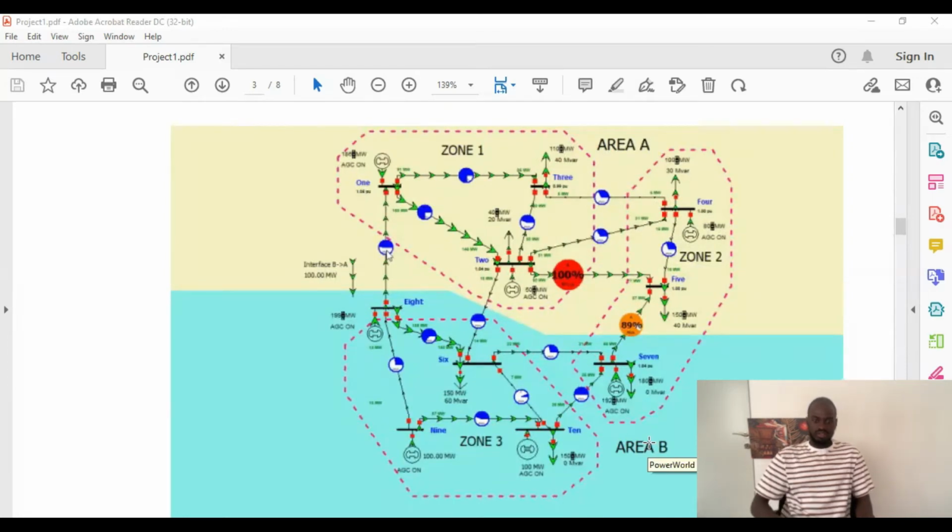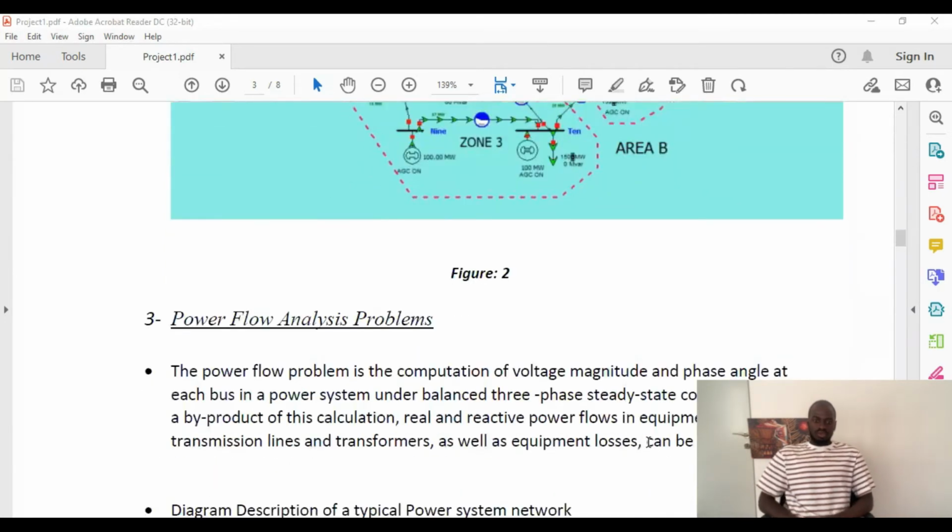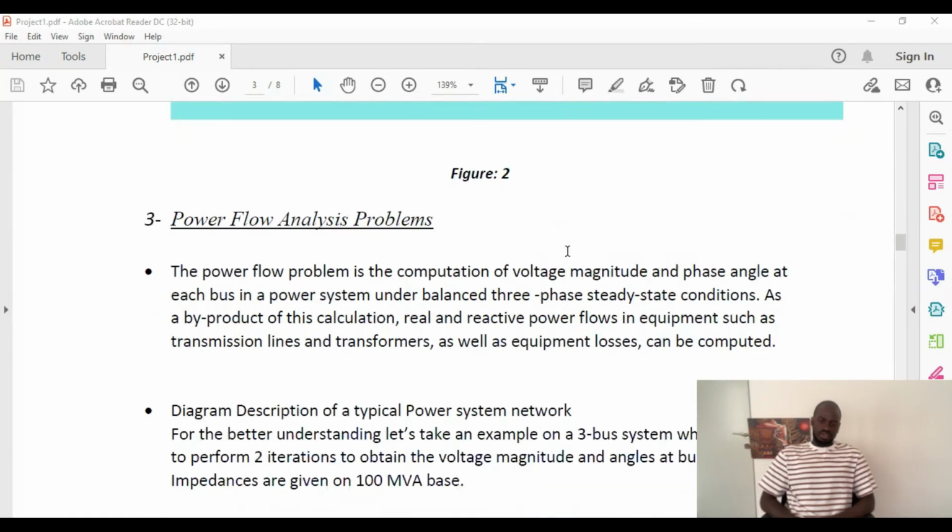And let's look at the power flow analysis problem. This is a computation of voltage magnitude and phase angle at each bus in a power system under balanced three-phase steady-state conditions.